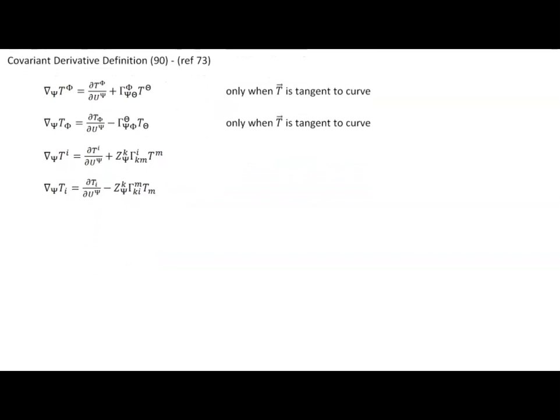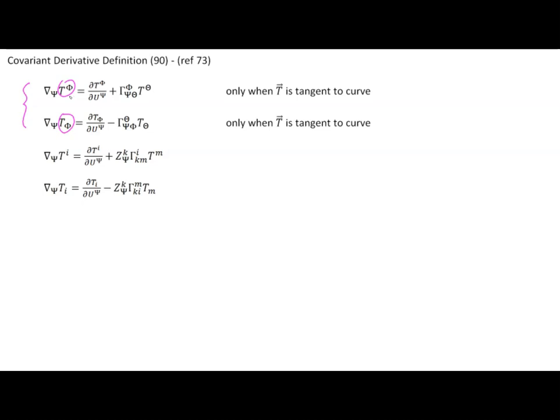The covariant derivative is defined for a curve just like it is for a surface. It takes on exactly the same forms for each of these definitions. Notice, however, that these first two forms are limited to vectors that lie on the manifold. Well, for a surface, that means that these vector components have to relate to a vector that lies on the tangent plane.